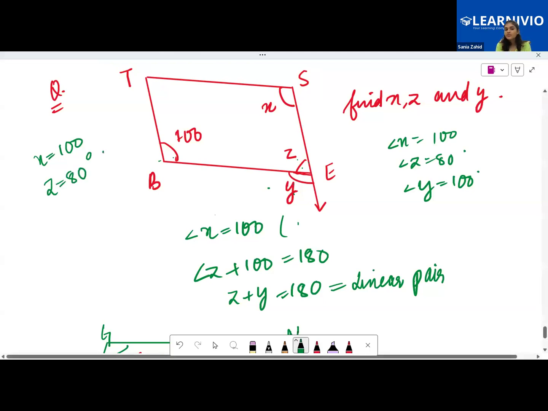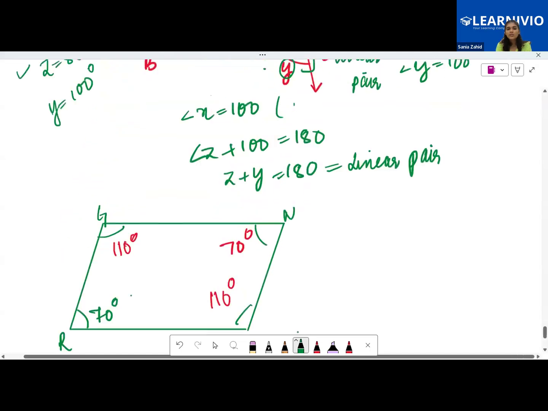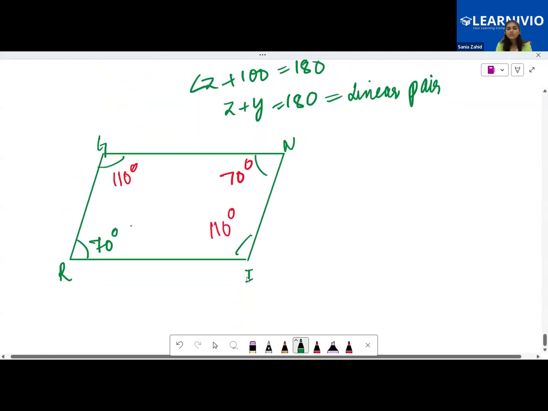Then Y. See, Y and Z are forming a linear pair. In a linear pair, the property is that the sum is 180 degree. So Z and Y on adding will give 180 degree, and Z is 80 degree, so Y will be equal to 100 degree. Then we came to the last question. One angle was given to you and you had to find all the other angles.